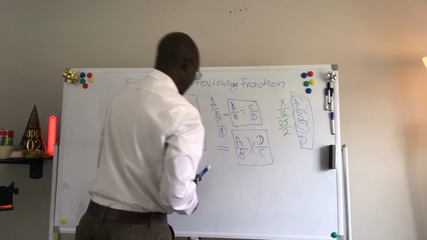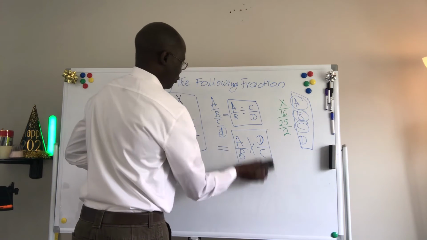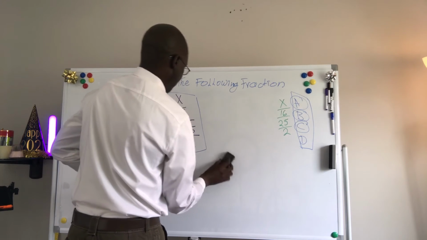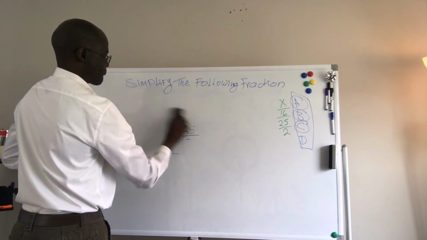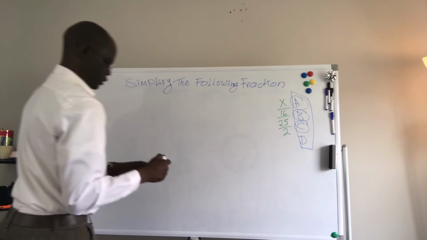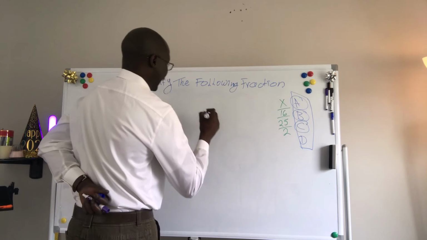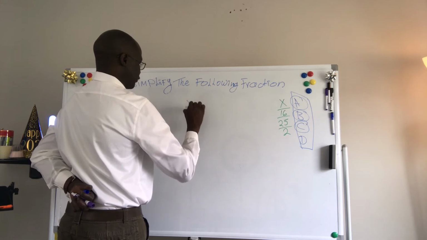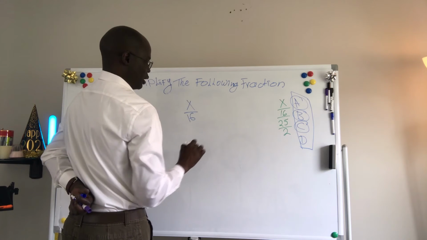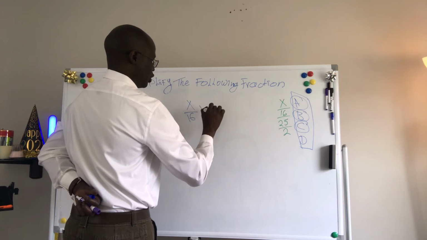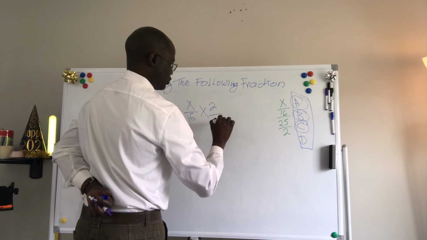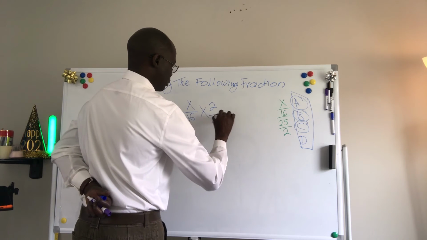So we can just plug the whole thing in. We will have x divided by 16 times 2 divided by 25.